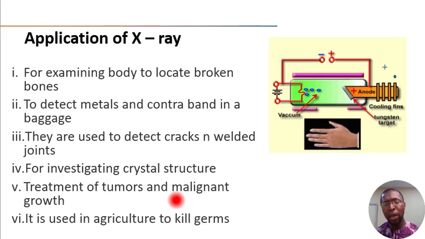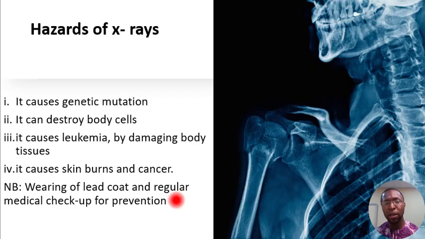But however, in as much as we have good application of X-ray, X-ray also have its own hazard. Okay, X-ray, if it's not well handled, it can cause genetic mutation. If you have excessive X-ray in your body, it can cause sudden change of gene. That's what we call mutation. So it can cause genetic mutation. It can also destroy the body cells.